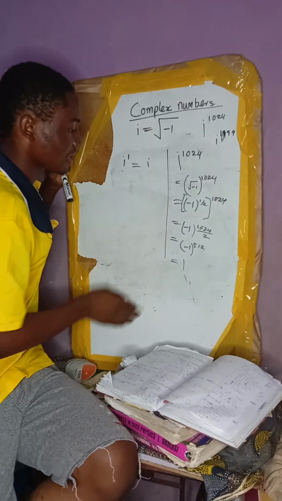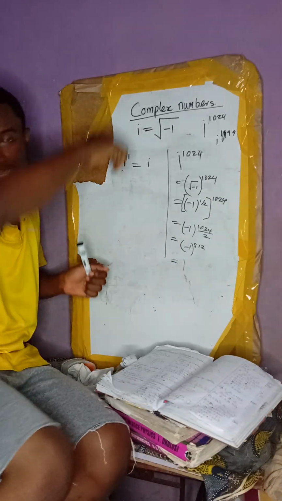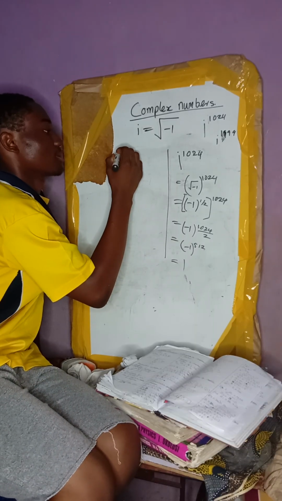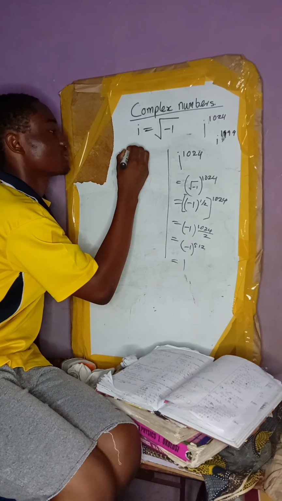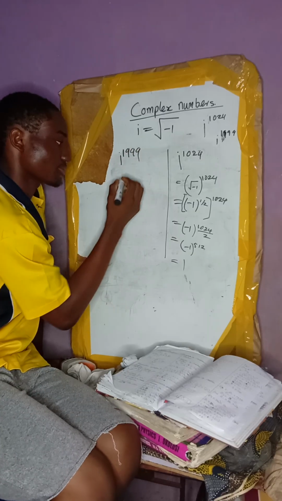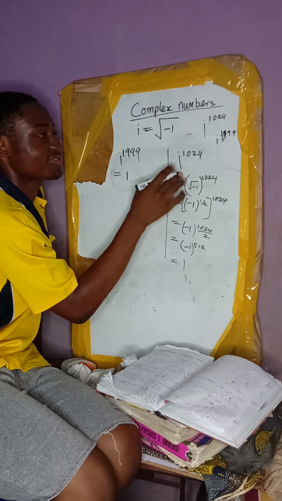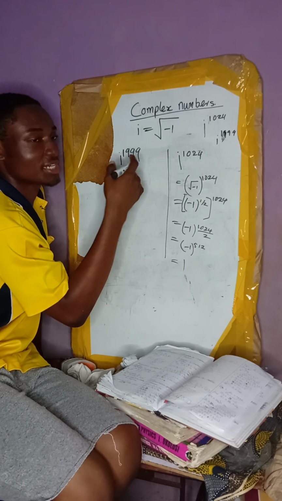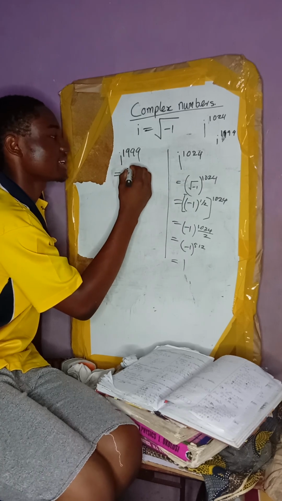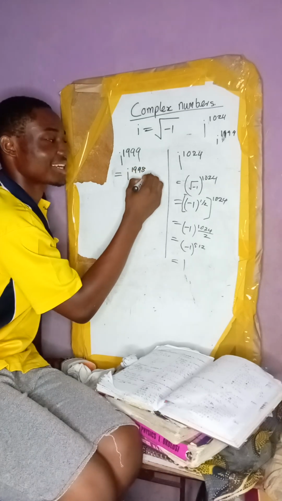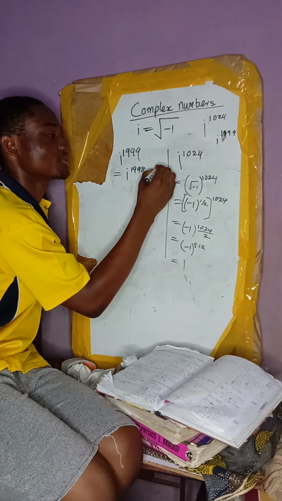Now for odd numbers, you still use that method we used for i raised to power 3. So we have i raised to power 1999. We first start by splitting it to extract an even number from it. So that will be i raised to power 1998 times i raised to power 1.